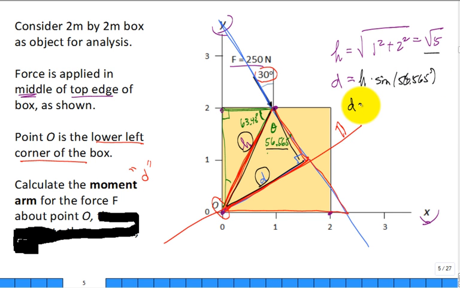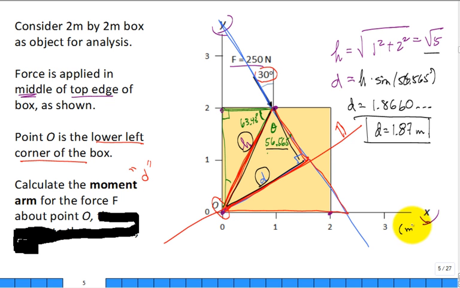So d comes in at 1.8660 and so on, or rounded off, d is equal to 1.87 meters. Those are units for distance. I don't think I actually claimed that they were in meters, but all of these are in meters. If this force is in newtons, that's what makes sense, okay?